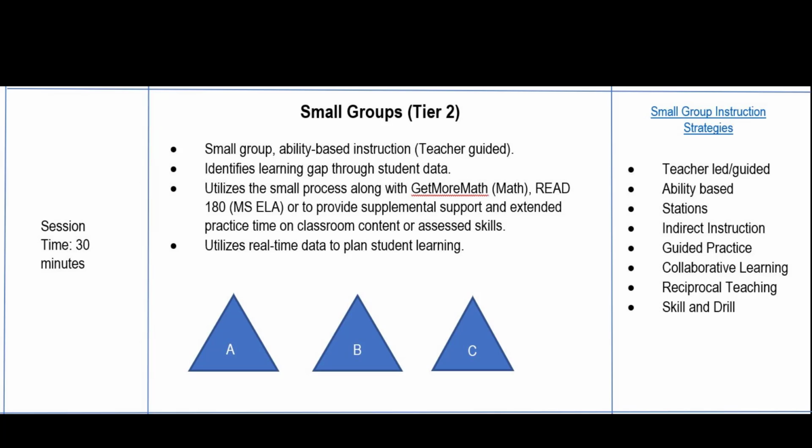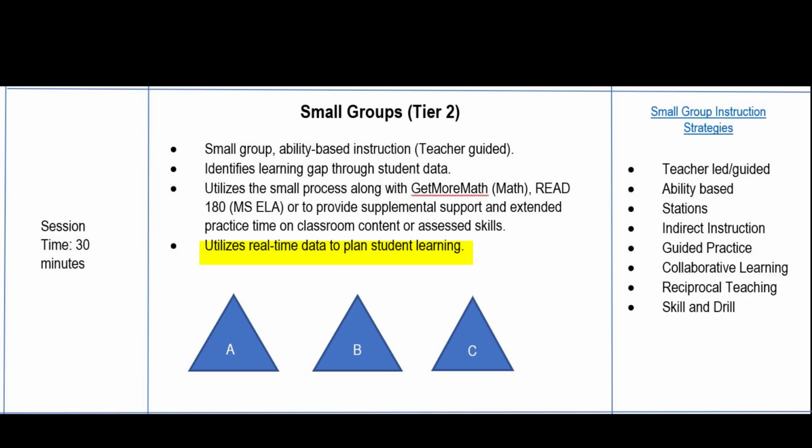The teacher will then use the small group process along with Get More Math, and Read 180 in middle school ELA, to provide supplemental support and extended practice time on classroom content and assessed skills. Both of these programs use real-time data to plan student learning.